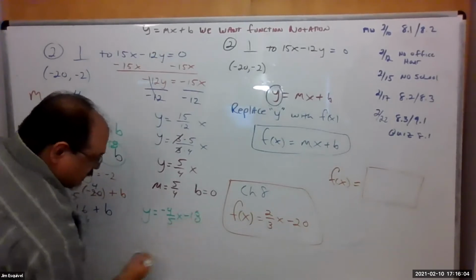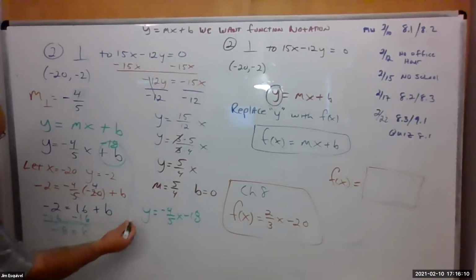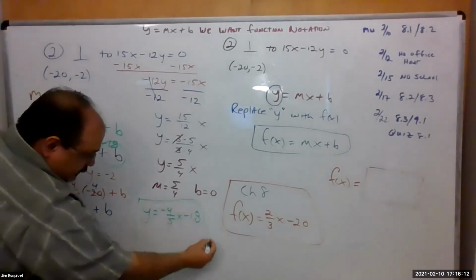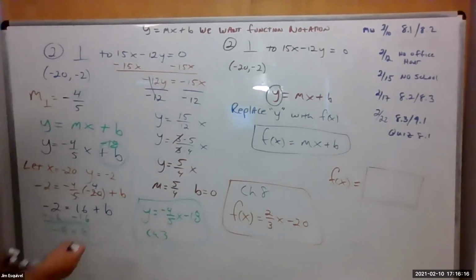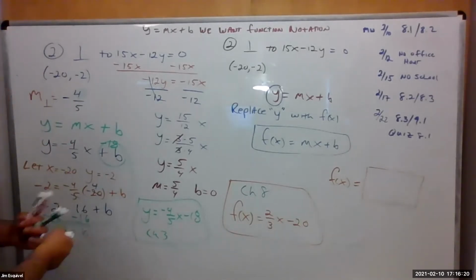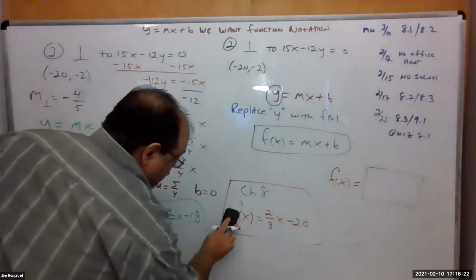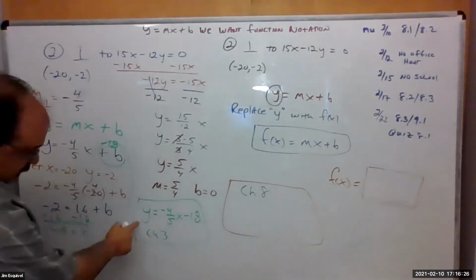And this would be the chapter 8, sorry, chapter 3 answer. If we were in chapter 3, but in chapter 8, we want function notation. So all you do is replace the y with f of x.